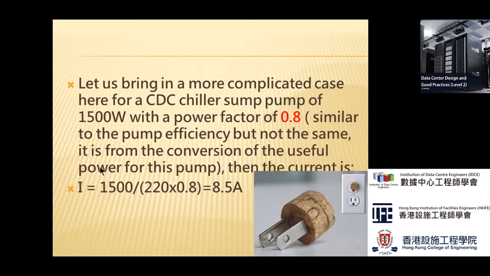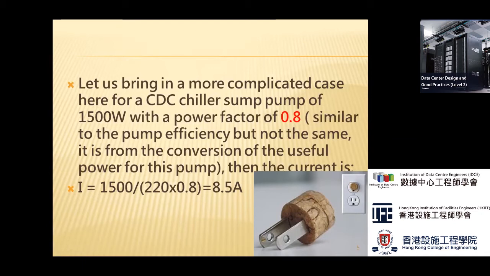So in this case, we have to modify the equation: 1,500 watts here divided by the voltage 220 divided by 0.8. This simply means divide, right? So 1,500 divided by 220 divided by 0.8, you get 8.5 amp.